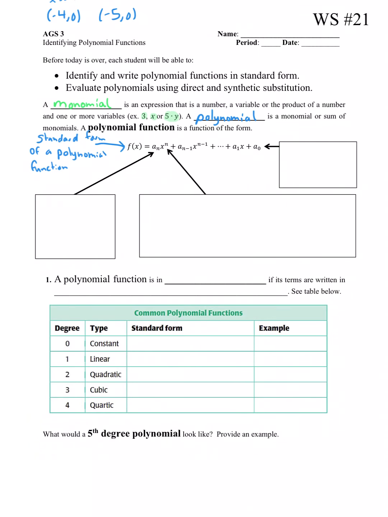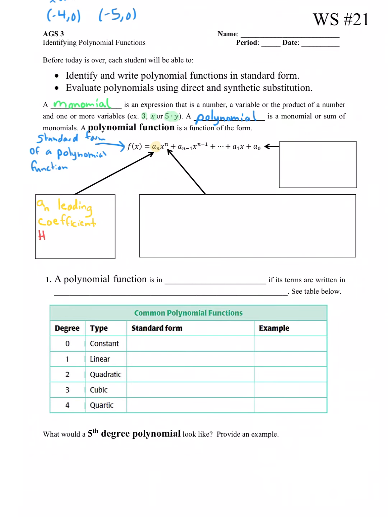So for example, we start with this a sub n, which is just a placeholder, and what that really means, a sub n, that's the leading coefficient. So whenever we're talking about a polynomial function, we're going to be talking about the leading coefficient. And the leading coefficient has some rules.